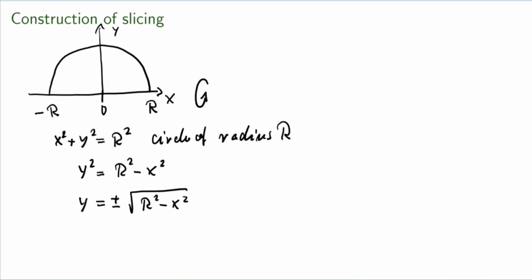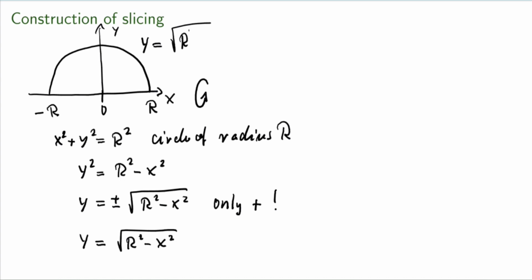Now I only plotted the upper part of this curve, the plus part, so I only need plus. So then we have y is equal to the root of r squared minus x squared. That would be the curve which I have plotted here.